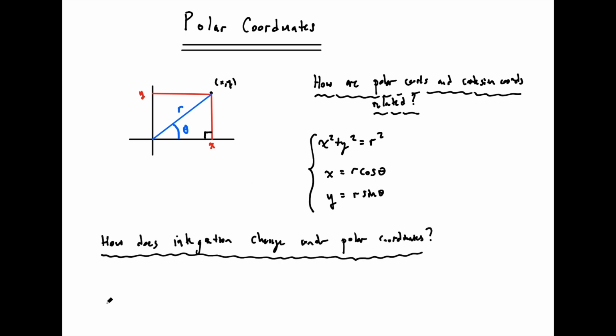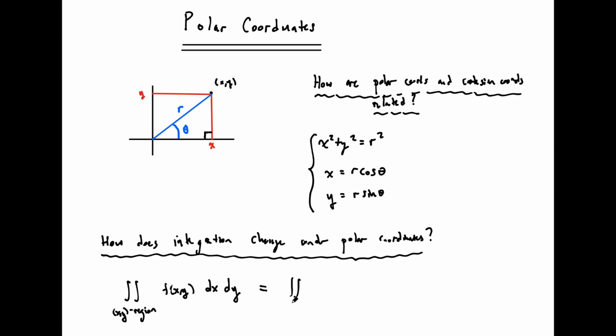The other main thing to know about polar coordinates is that when you take an integral in Cartesian coordinates and convert to an integral in polar coordinates, we have to know how things change. In particular, suppose I start with a double integral or an iterated integral in x and y, and I want to take this and turn it into a polar coordinate integral.